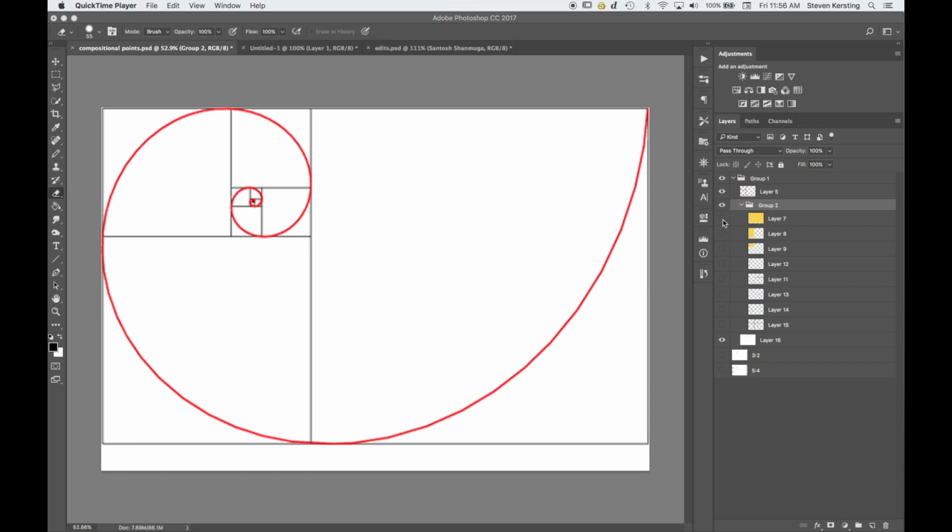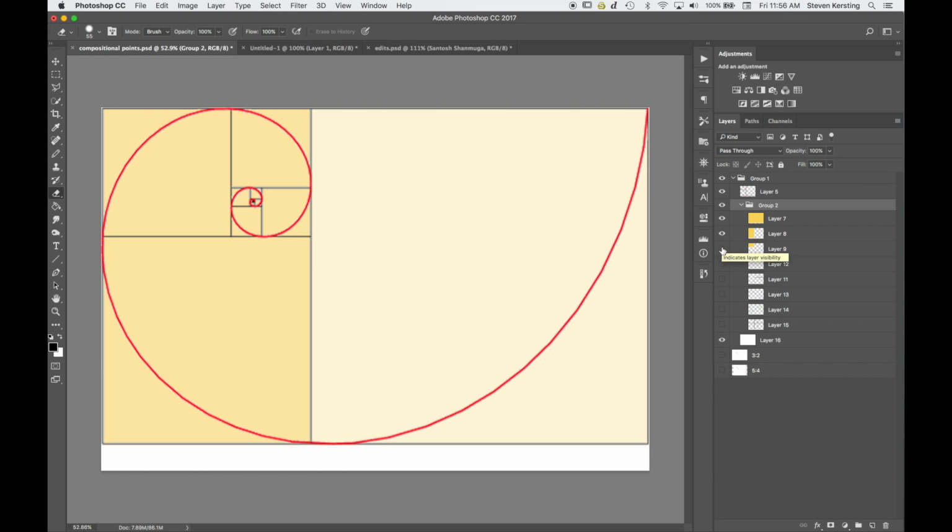Alright, here we have the golden spiral, and the golden spiral is specific to a 1.618 ratio image. So the long edge here is 1.618 times longer than the short edge. You start with a rectangle of that aspect, then we draw this line to make a square, and what remains is another rectangle of the same aspect ratio, 1.618.